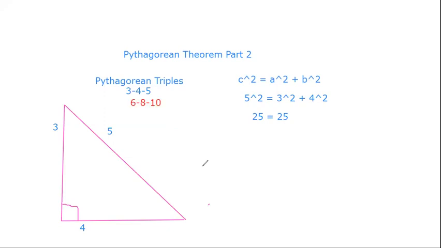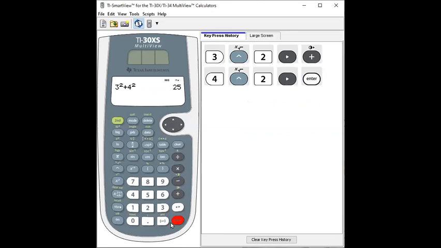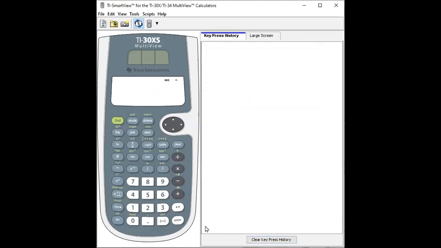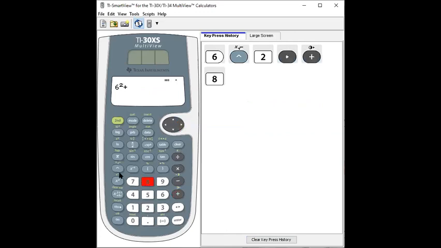And there's another one, 6, 8, 10. So 10 squared equals 6 squared plus 8 squared. Let's verify that on our calculator. So we have 6, up arrow 2, directional pad to the right, plus 8, up arrow 2, directional pad to the right, enter.